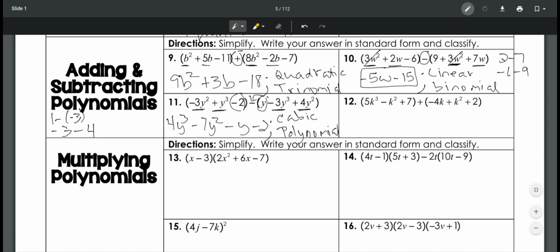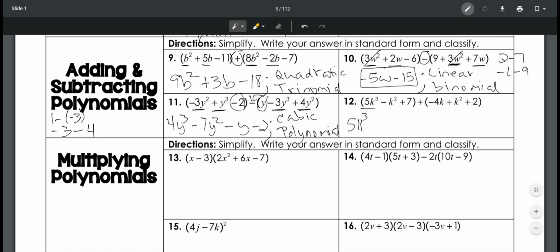So here in example 12, we're going to add like terms. So once again, I'm going to start with my biggest power. I have a k to the third in the first one, but notice I have no k to the thirds in the second group. So I'm just going to leave 5k to the third alone.